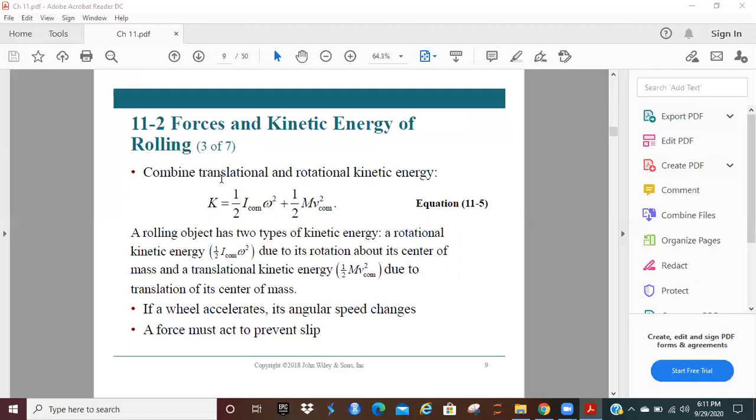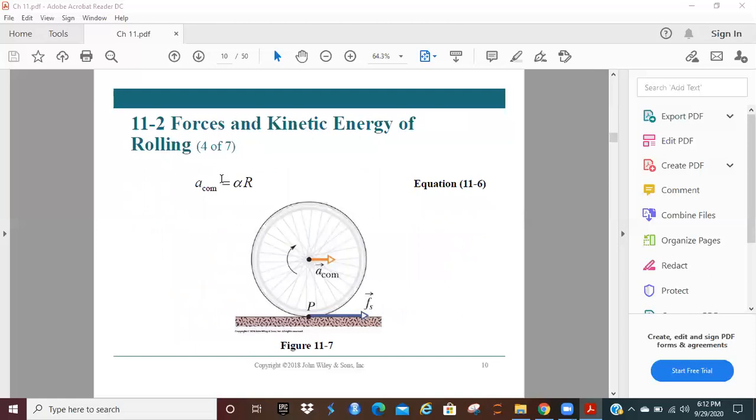If a wheel accelerates, its angular speed is going to change, and a force must act in order to prevent slippage. That force is going to be friction, the static friction force.